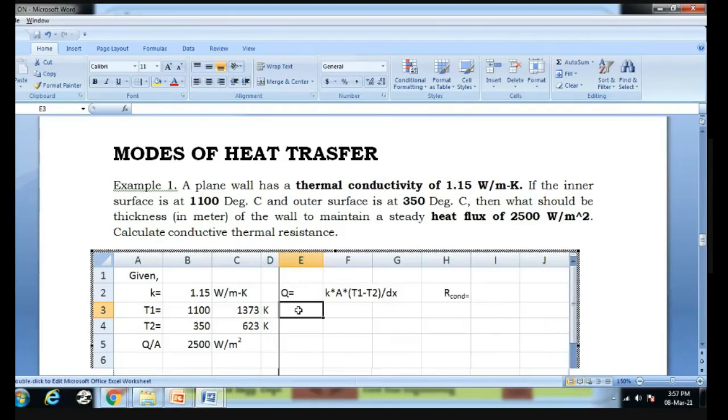Is it okay? So Q upon A is coming on this side. Let's make it into bracketed form.